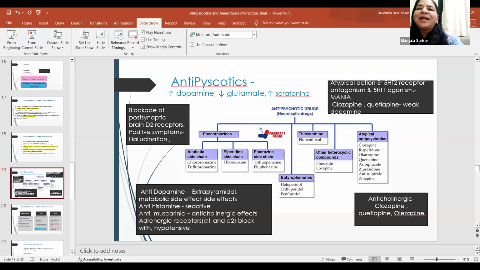In the era of stress, I say that this is the era of stress, that everybody is in stress. Everybody is in stress because of some reason, and we are getting patients who are on antipsychotic drugs. I think every third or fourth patient who is coming to you is on an antipsychotic drug for some reason.